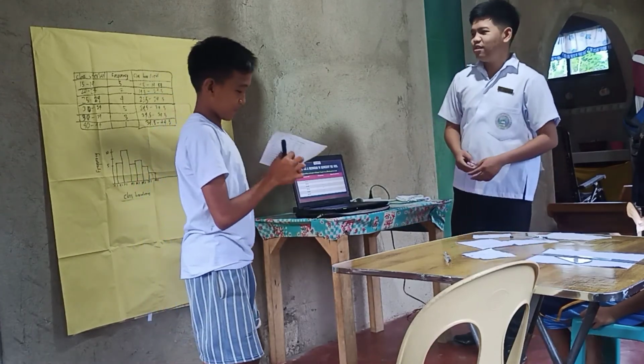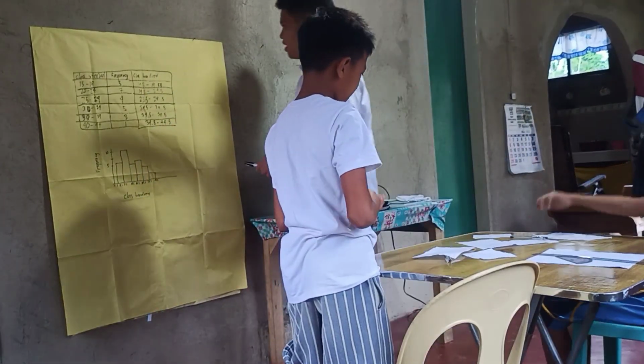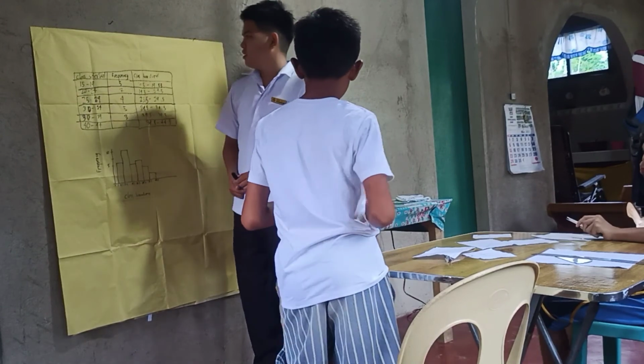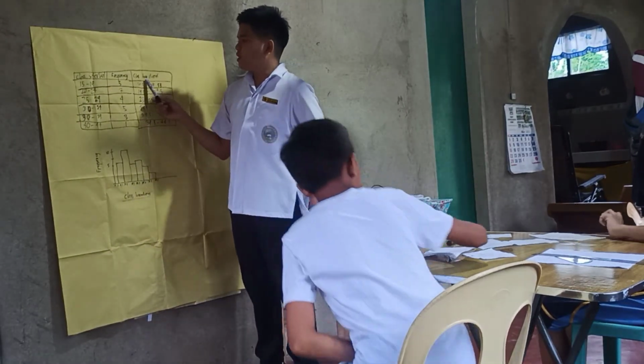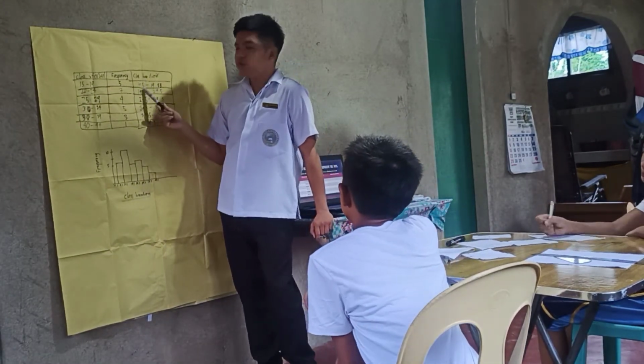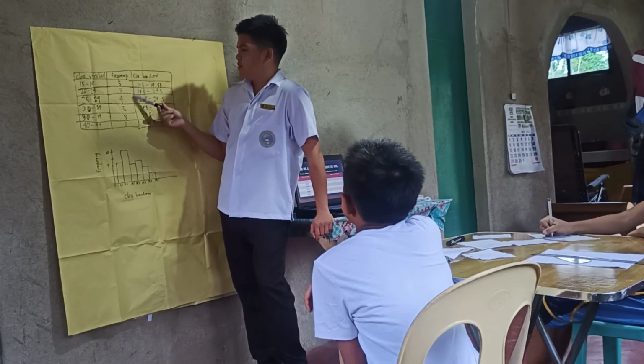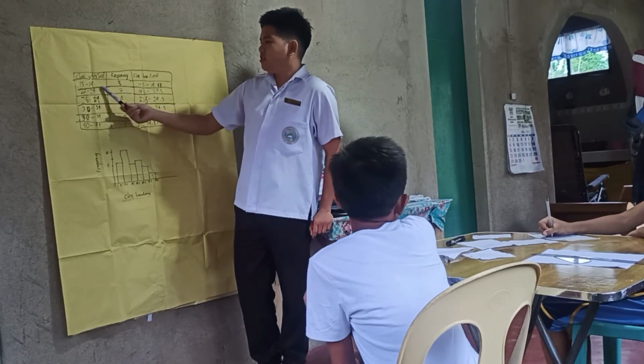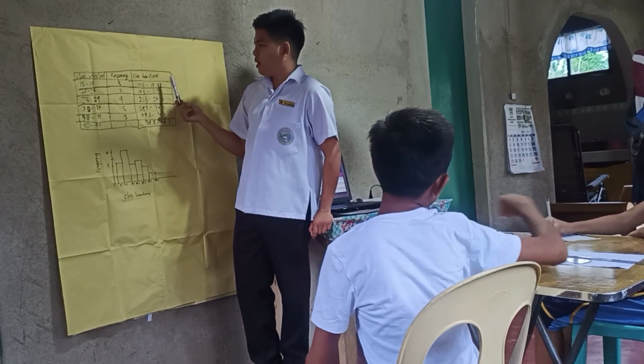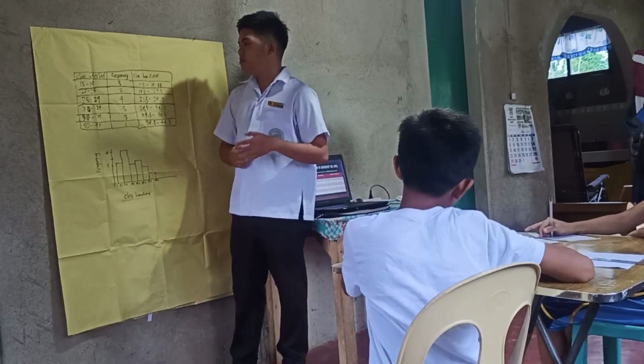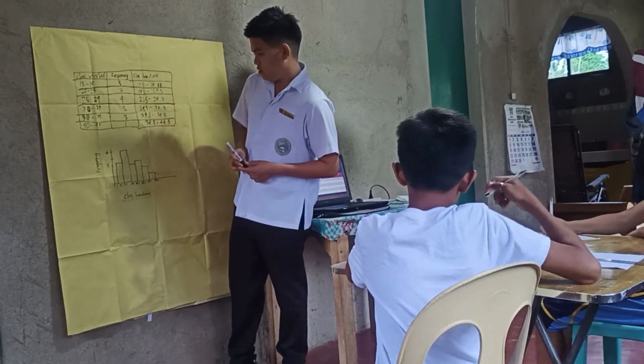Okay, thank you. So let us check if Gerald got it correct. For the class boundaries, we subtract 0.5, so 14.5. For 19, add 0.5 for the upper class boundary, which is 19.5, and so on.